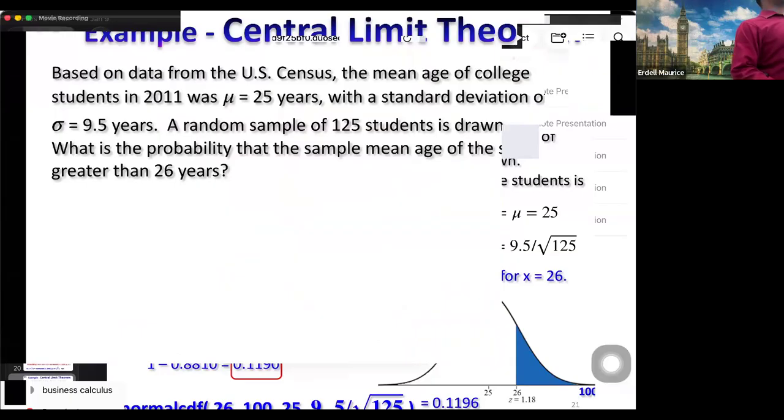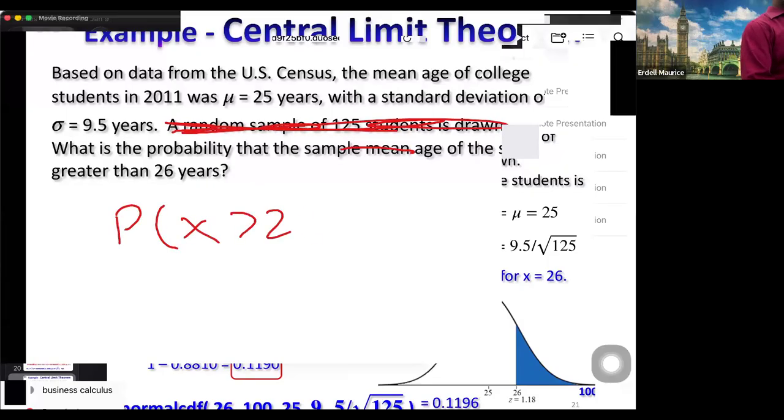In the previous sections, 6.1, 6.2, and 6.3, this part of the question is not there. In the previous questions, the question was simply, what's the probability that a student is greater than 26 years? That's the question that we've been asking in the first three sections.